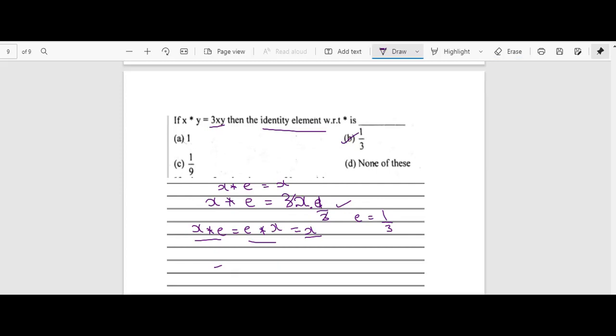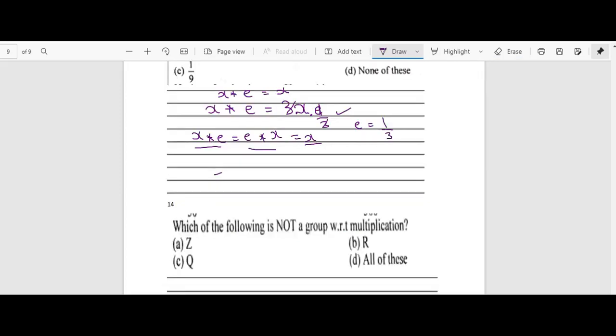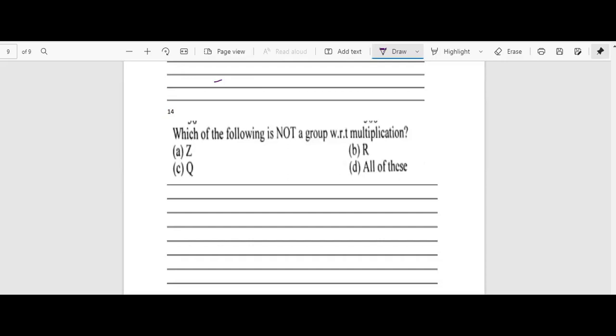Let's talk about the 14th question now. Which of the following is not a group with respect to multiplication? Now here we are talking about a group, so we need to have all the inverses, and we need to have the identity element as well, and it should be closed and associative.